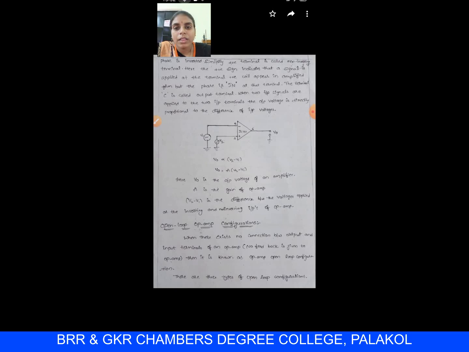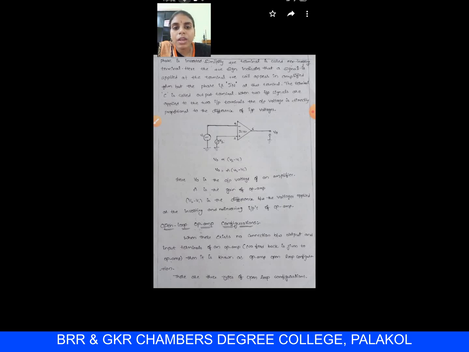That means the input is given to the inverting terminal, and it is produced at the output in amplified form, but out of phase. The phase is inverted at the output terminal. That's why we use a negative sign for the inverting terminal. Similarly, the positive terminal is called the non-inverting terminal.